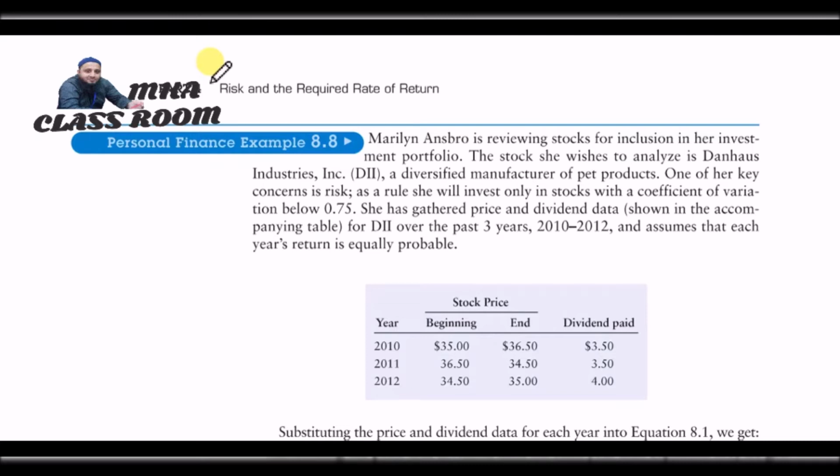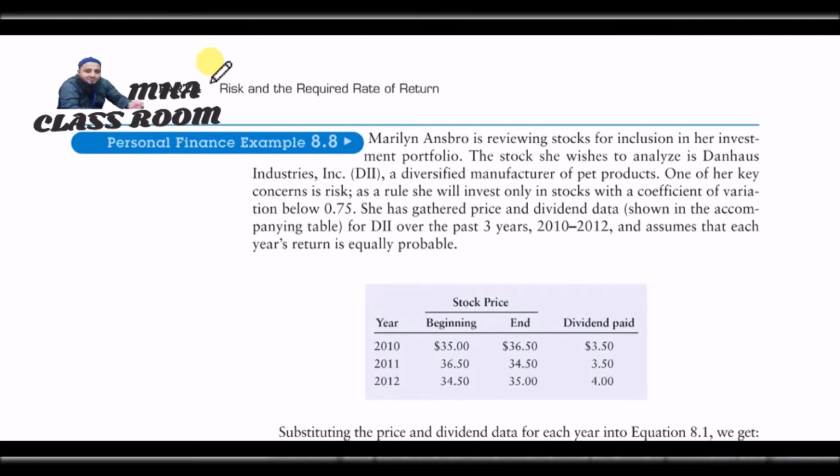One of her key concerns is risk. As a rule, she will invest only in stocks with a coefficient of variation below 0.75.